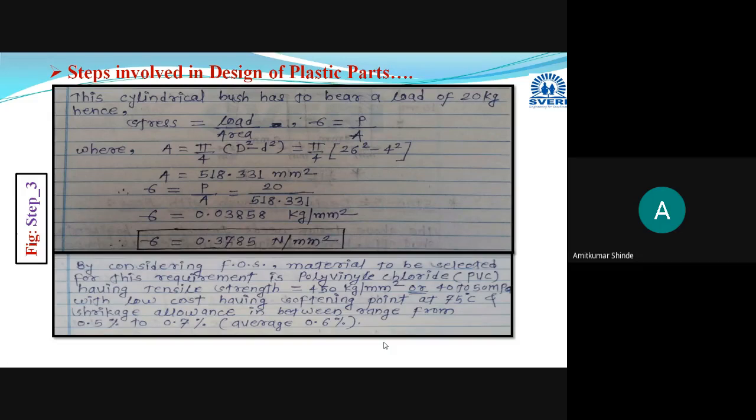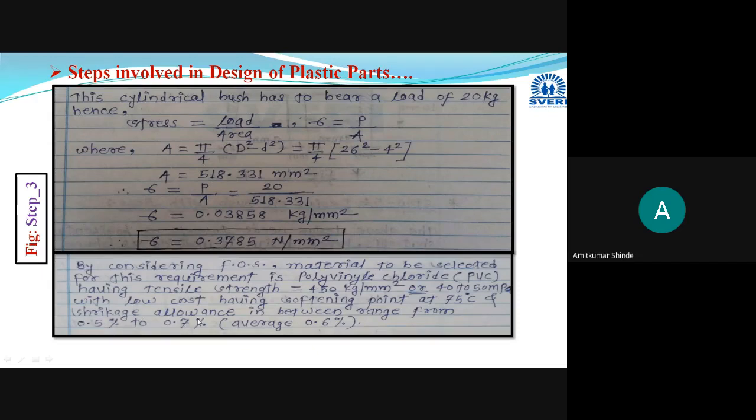While giving the actual design dimensions, you can consider an average value of 0.6%. You can consider any shrinkage allowance value within this range, such as 0.5, 0.55, or 0.65.